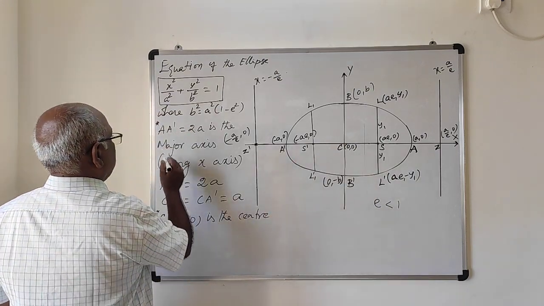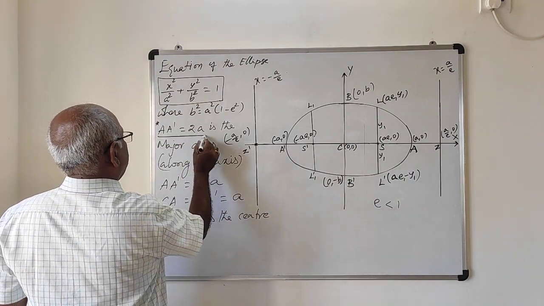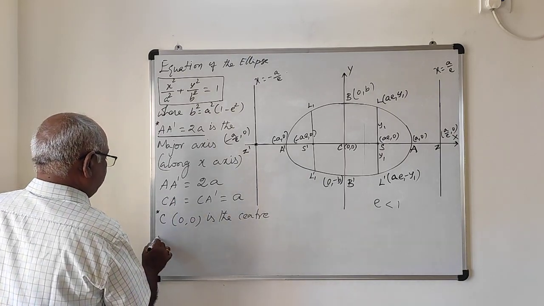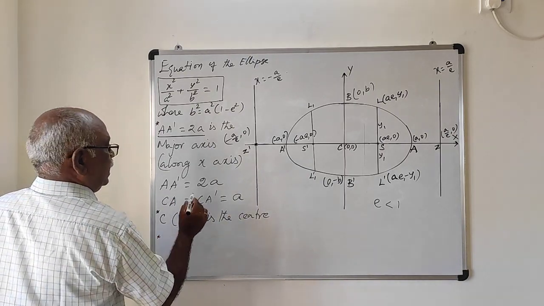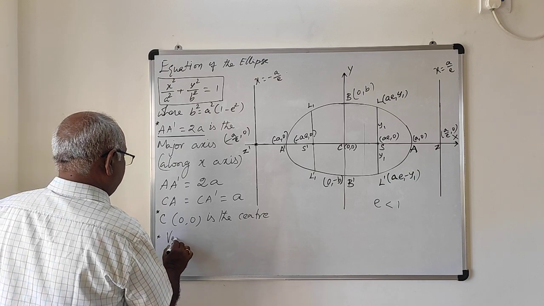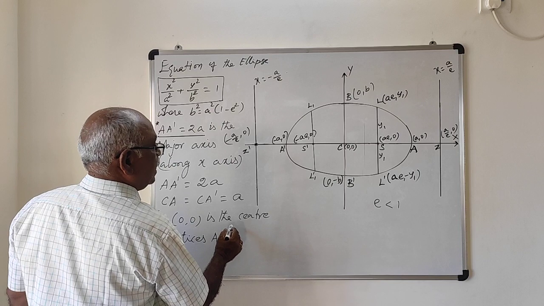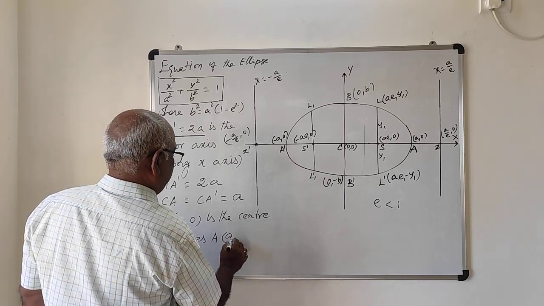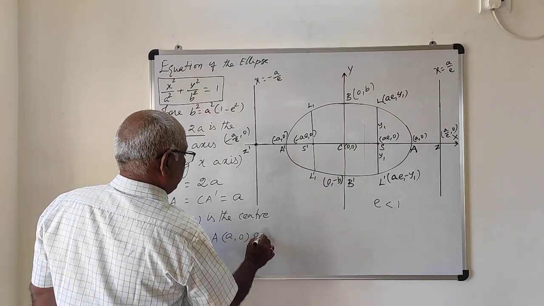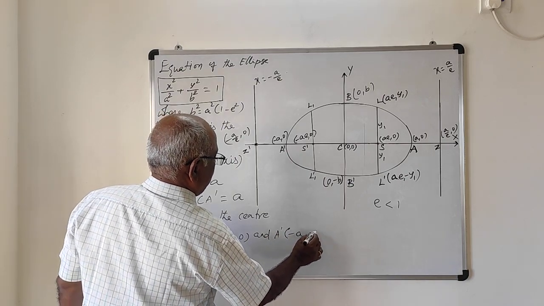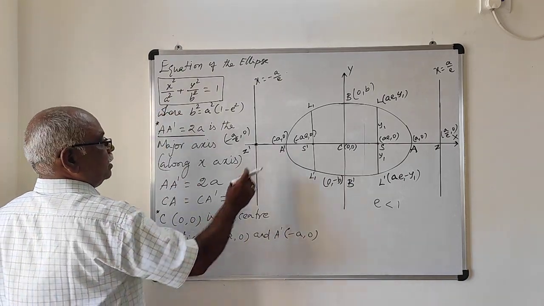A A dash equal to 2a is the length of the major axis, and the vertices are A (a, 0) and A dash (minus a, 0). These are the vertices of the ellipse.